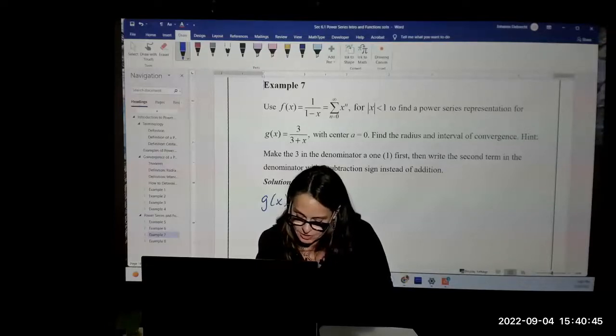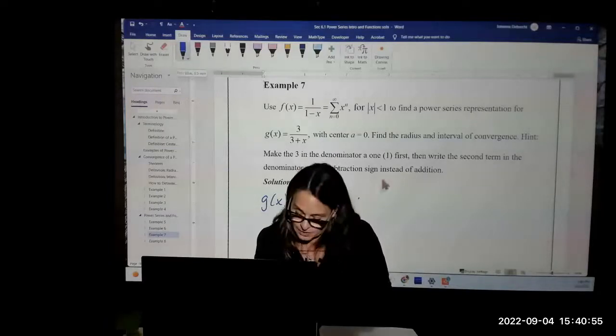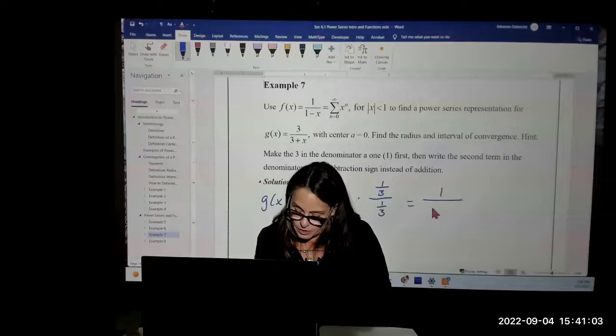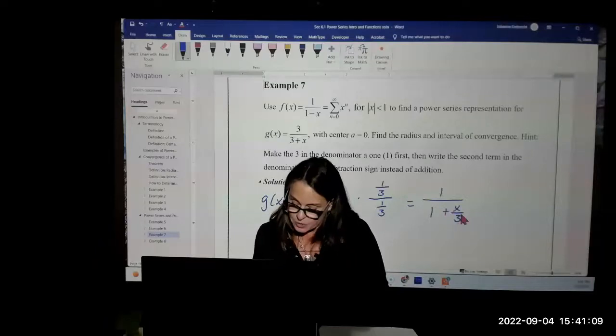First, we want to take this 3 in the denominator, and we want to make this 3, let me highlight it, this 3, we want to make that one be a positive 1. So I'm going to multiply by 1 in the form of 1/3 over 1/3. Now that will give me a 1 in the numerator, a 1 for the constant in the denominator, which is what I was after, plus x divided by 3.